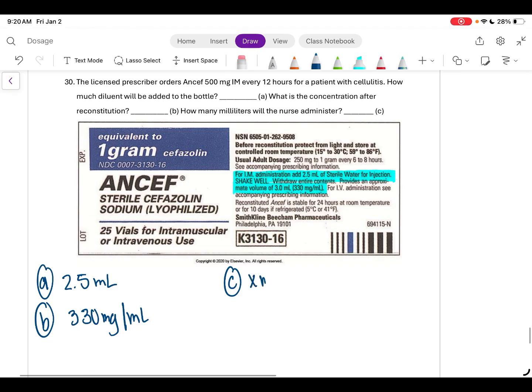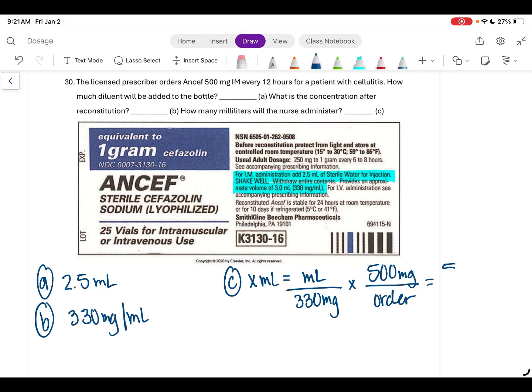Right. X ml. We just figured out our concentration. I'm just going to write it upside down. Milliliter, 330 milligrams. My order, 500. Right, so 500 divided by 330.